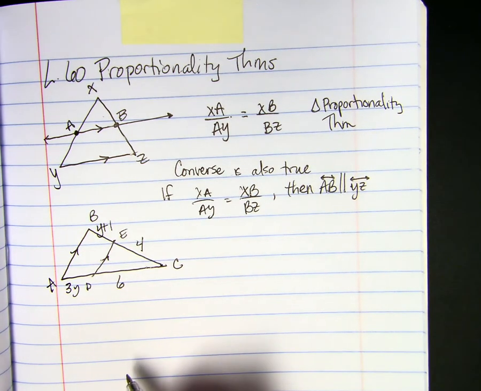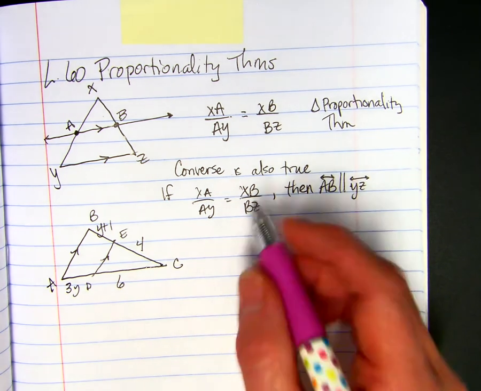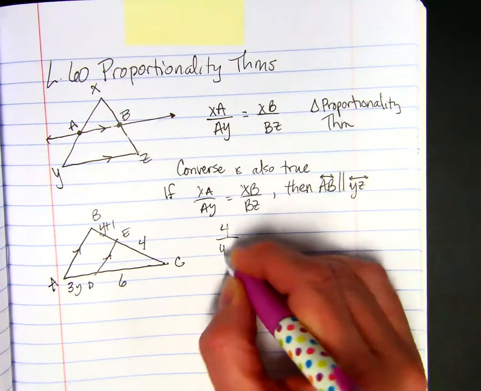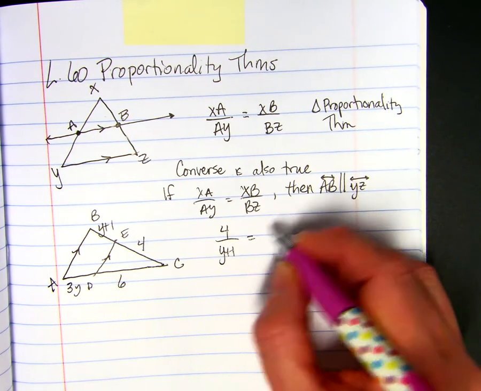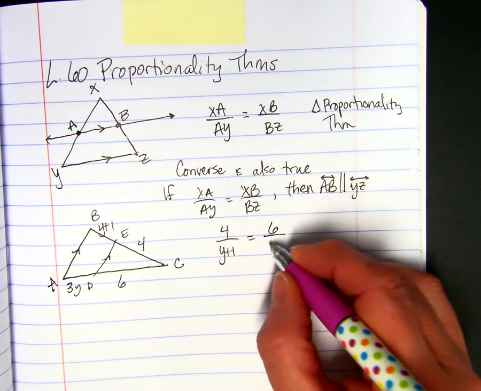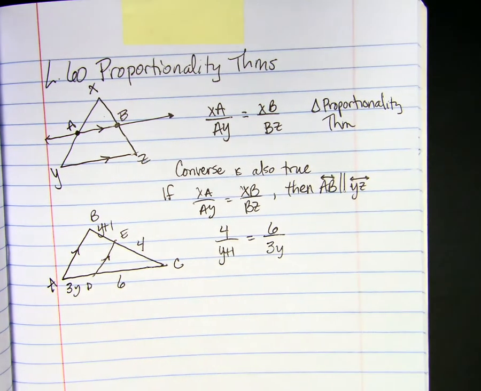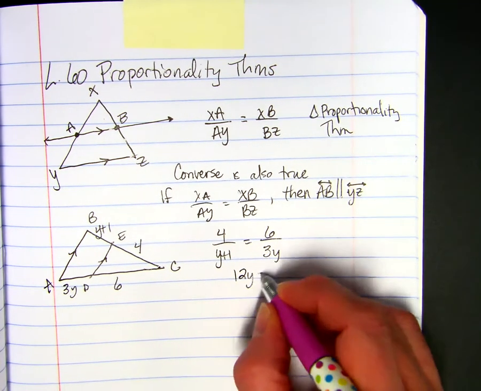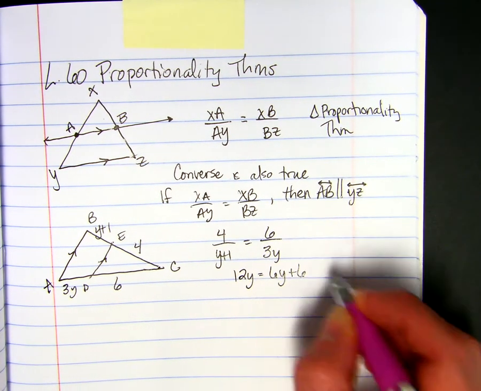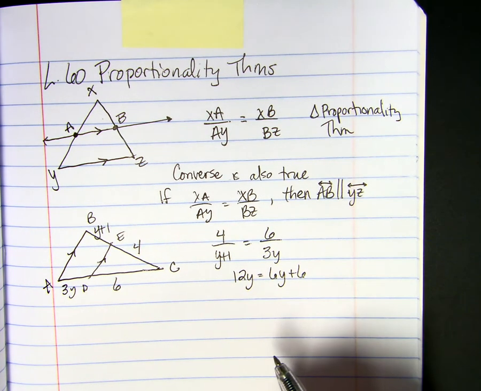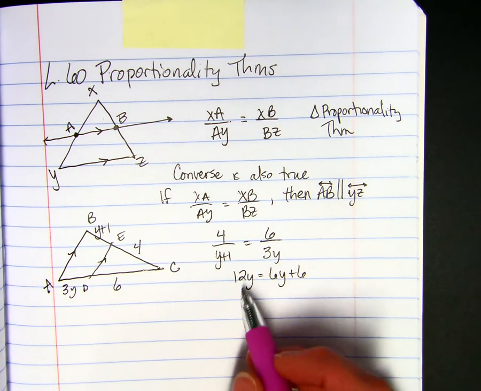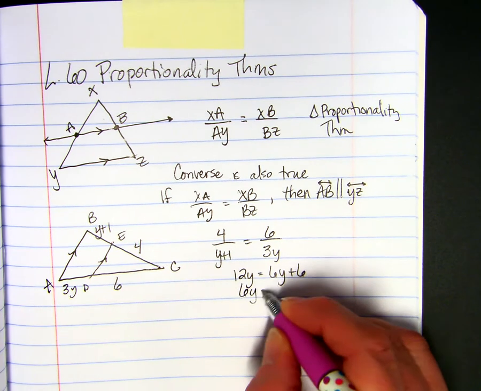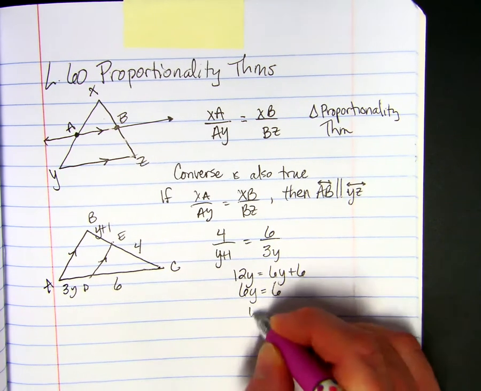So if we want to solve for y, we just set up a proportion with the sides. So 4 over y plus 1 equals 6 over 3y. Cross multiply, and we get 12y equals 6y plus 6. Subtract 6y from both sides, and we get 6y equals 6, so y equals 1.